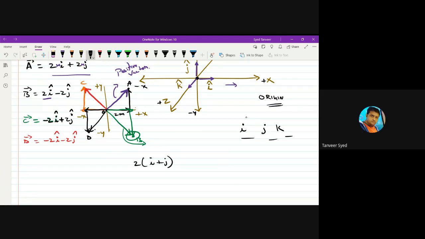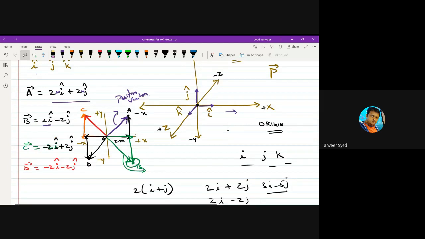It conveys the same meaning, but writing like this gives you more clarity. 2i plus 2j, 2i minus 2j, 3i minus 5j. These things give more clarity. Sir, one i or one j, can we write as i or j? I, that's all. Okay.